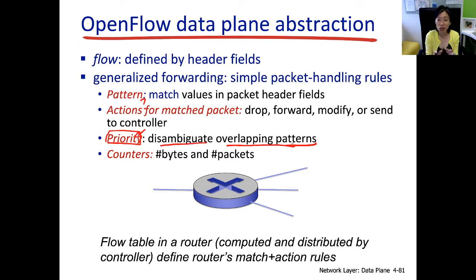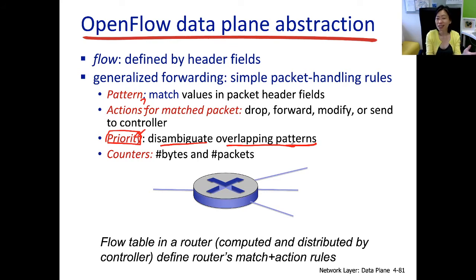Now in traditional forwarding, we don't need to specify a priority. Why? Traditional forwarding is to do what? Prefix matching. We do have multiple prefixes existing in the forwarding table, so one packet could actually match multiple prefixes. Then, you know what? In traditional forwarding, we are also doing longest prefix matching.